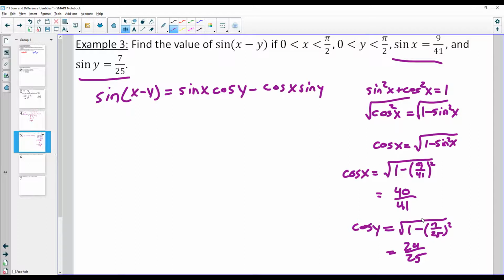All right, so now we have everything we need. Sine of x is 9 over 41 times the cosine of y is 24 over 25 minus the cosine of x is 40 over 41 times the sine of y is 7 over 25.